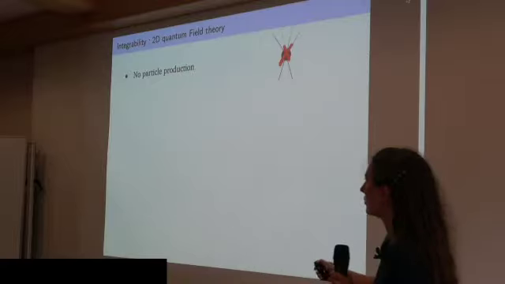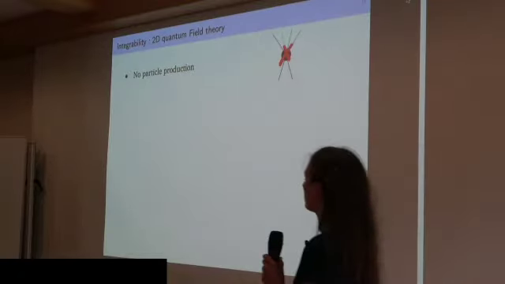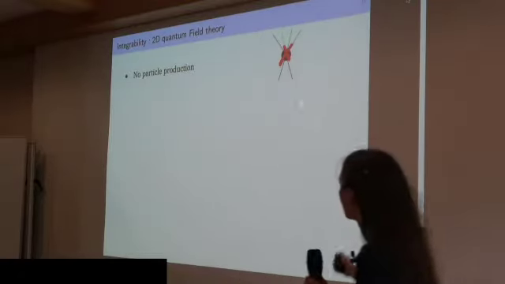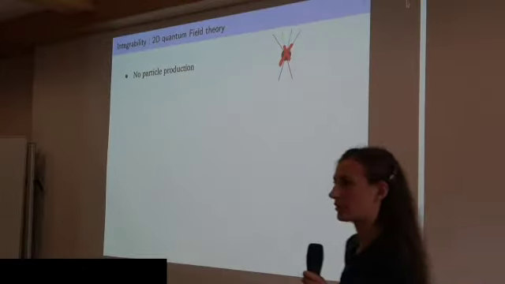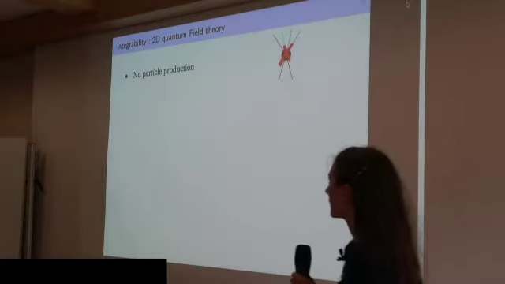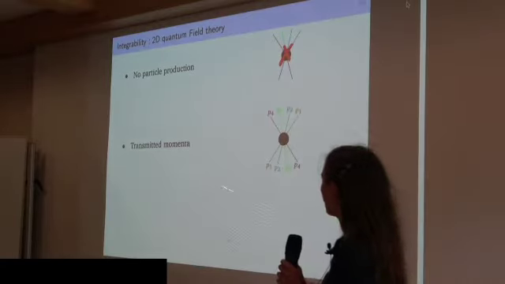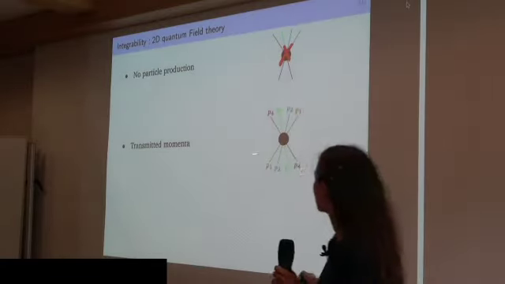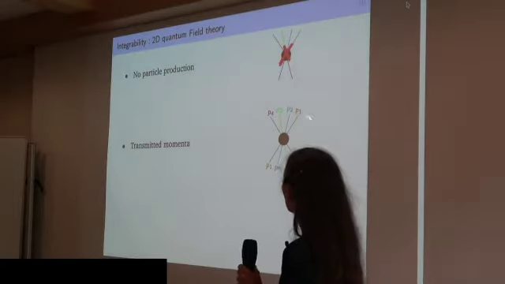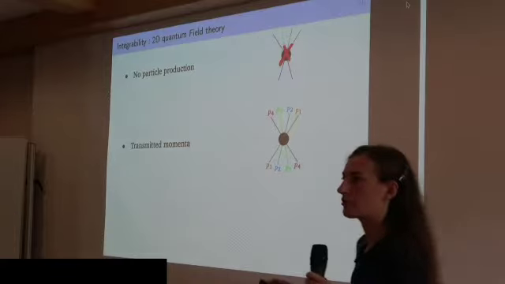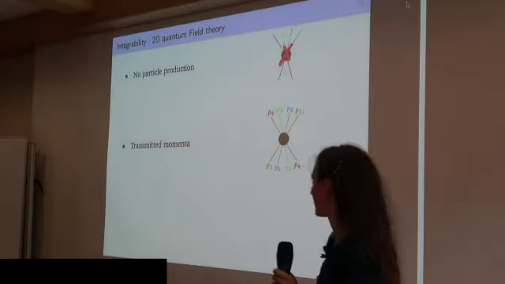So the first condition is that you don't have any particle production, meaning that the number of incoming particles should be the same as the number of outgoing particles. The second condition is that the set of incoming momenta is the same as the set of outgoing momenta, meaning that what happens is that the momenta are just reshuffled among the particles.